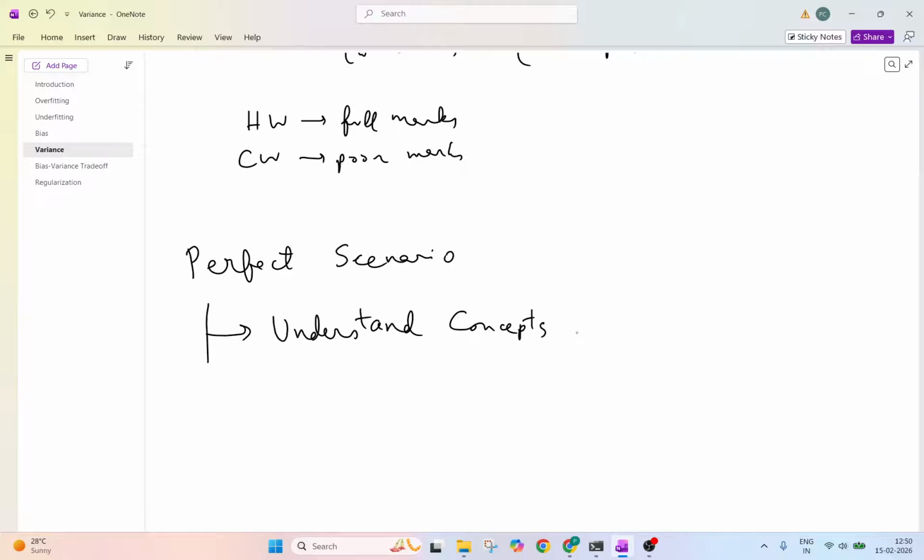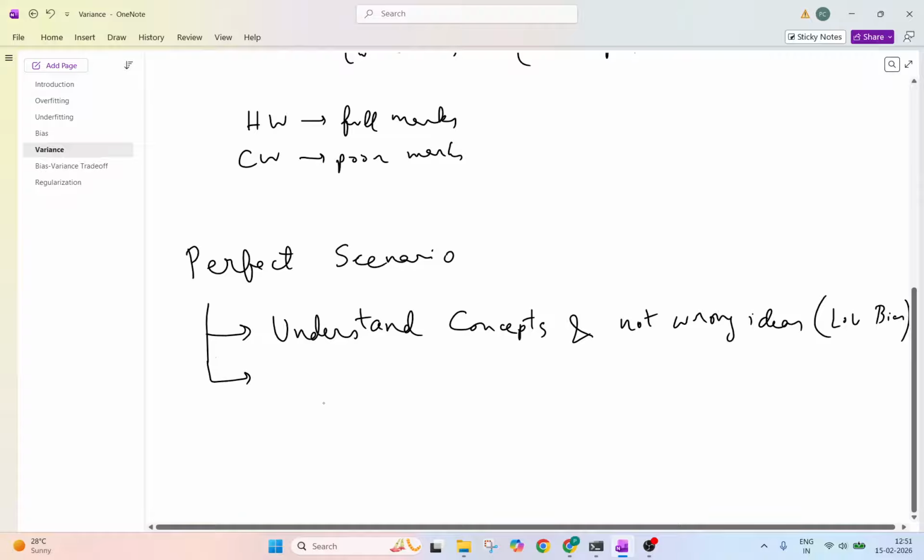So understand concepts and not memorize, right? That is low bias.